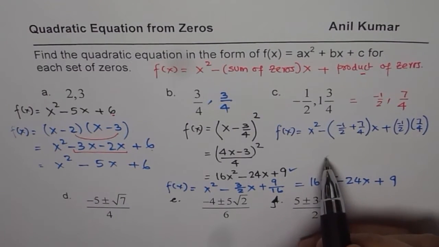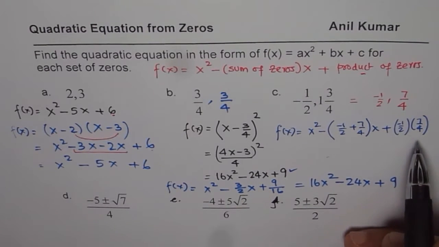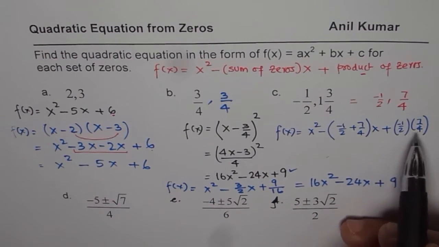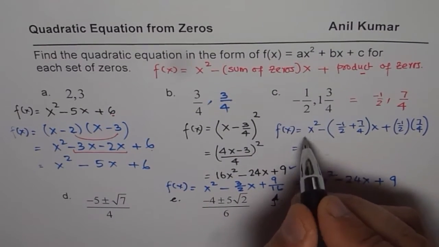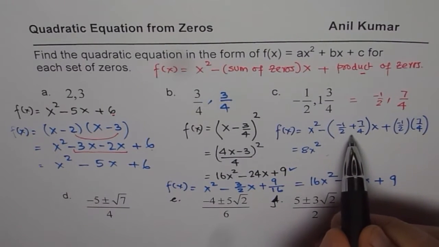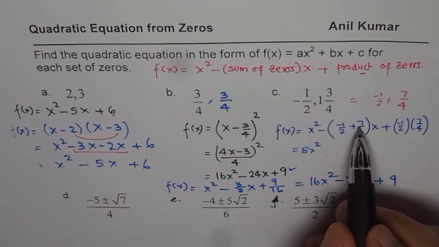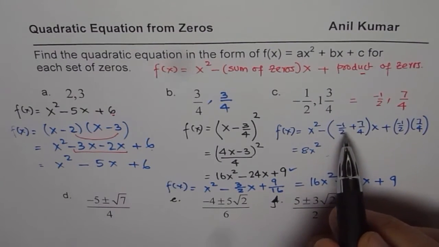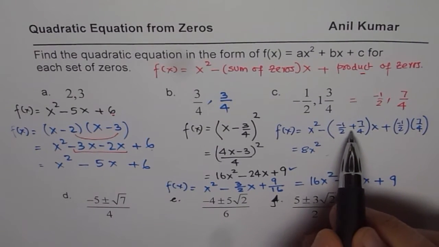So you get your equation. You will get 4 times 2, 8, as your common denominator. Multiply everything by 8. So once you do that, you get 8x squared, and when you add these, you have to multiply by 2 for common denominator. 7 minus 2 is 5, right? And then 5, and this denominator is 4, so you'll double it, right?